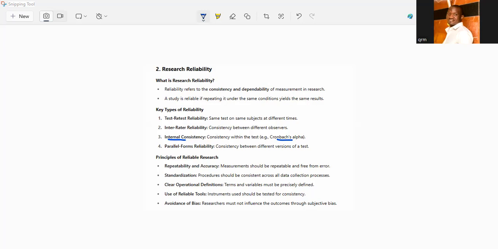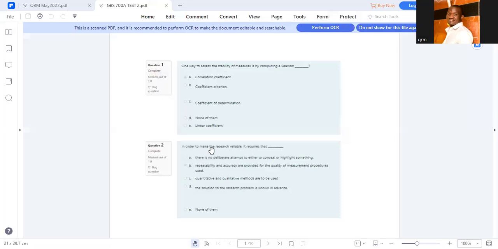So we go again to question number 2. What was question number 2 asking? This is our test 2 coverage. In order to make the research reliable, it requires that, what is our answer?